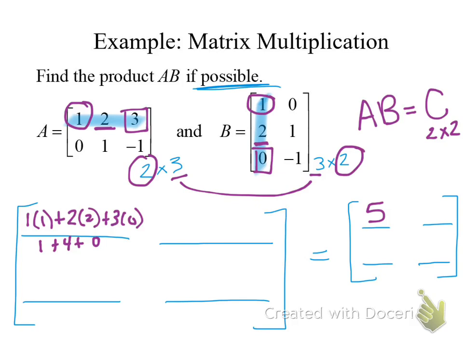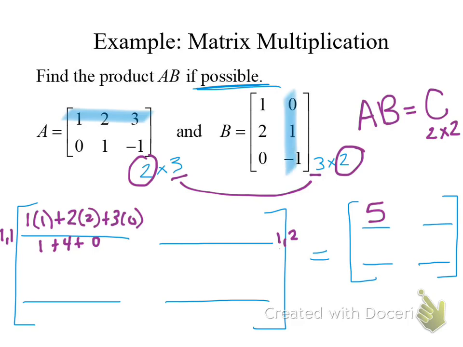Okay, so I'm going to erase all this stuff on the top from where I initially wrote these two. Remember, that's because this spot was the 1, 1 location. Well, this one is the 1, 2, first row, second column. So I will still use the first row, but I'm going to switch to using the second column to fill in that 1, 2 spot.